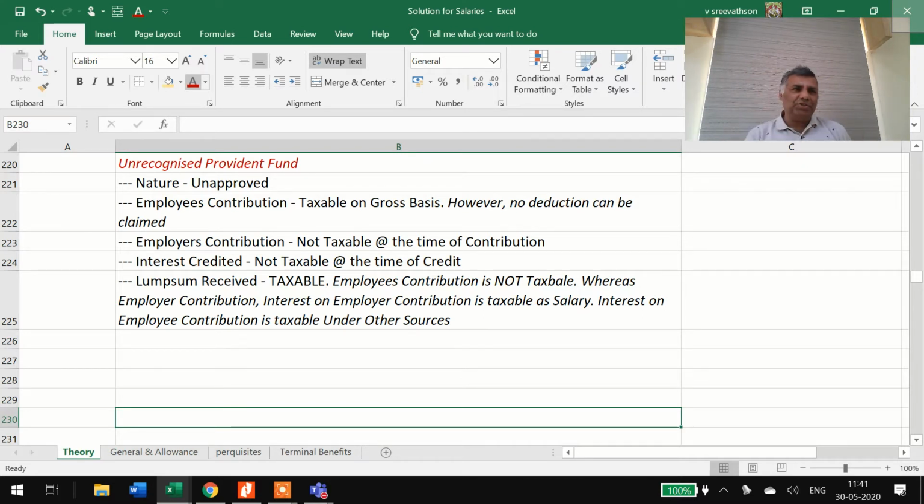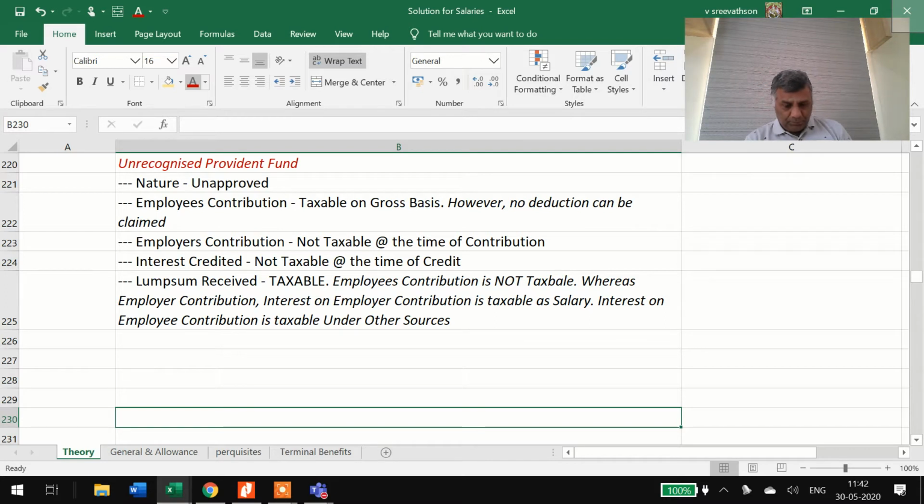Close your book, read your book once. RPF interest credited. Once more.